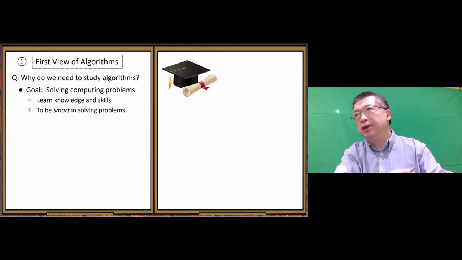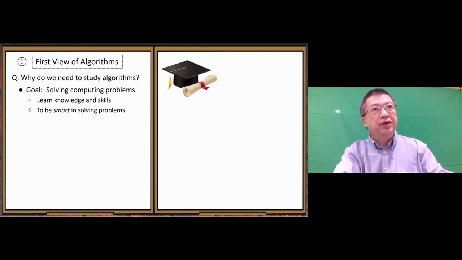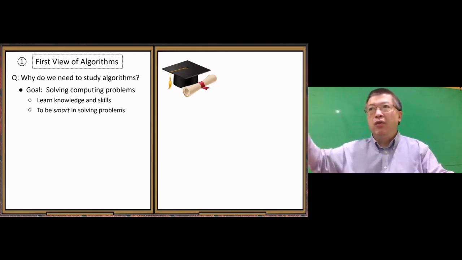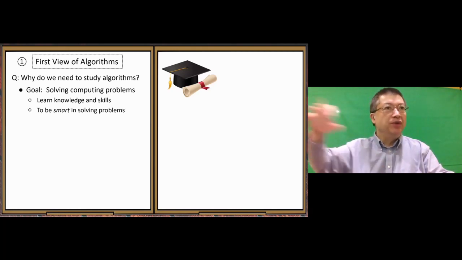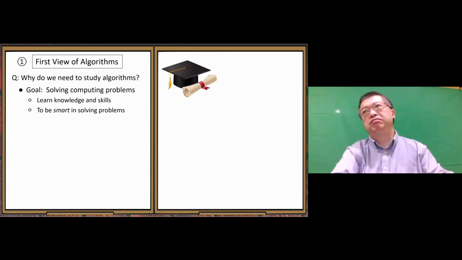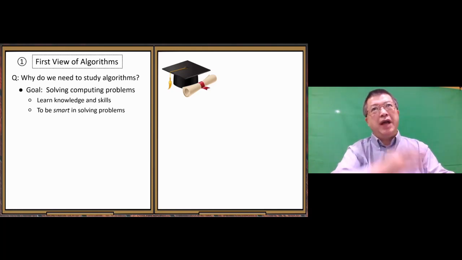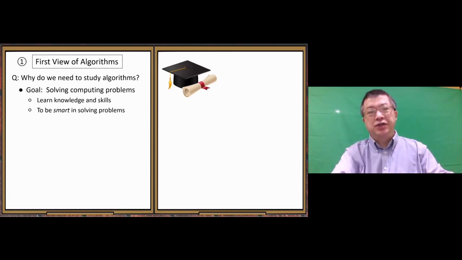What do I mean by smart? When you solve a computing problem, usually you have many different ways. To be smart means you want to find the best solution. You don't want to get a very bad solution. So that's the meaning. Find the best solution.